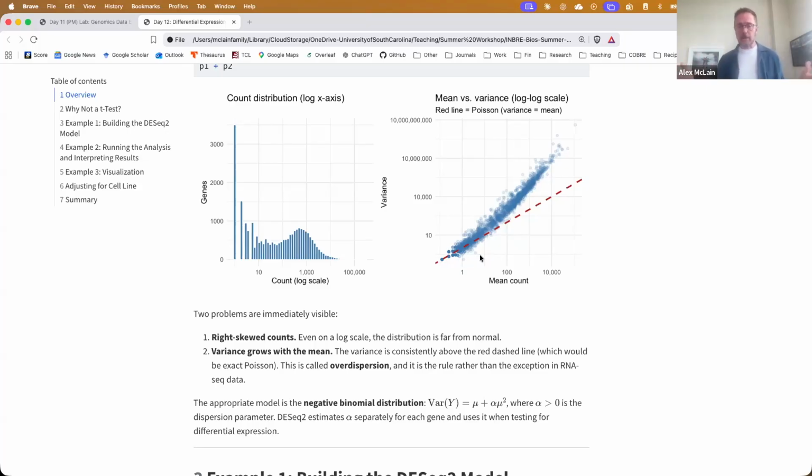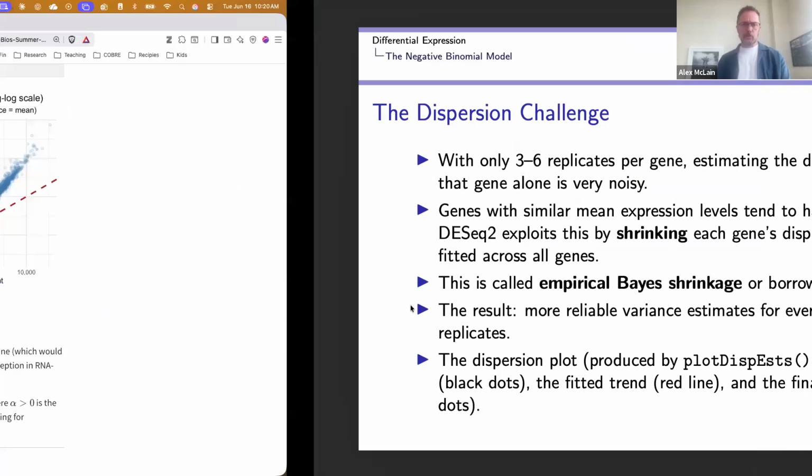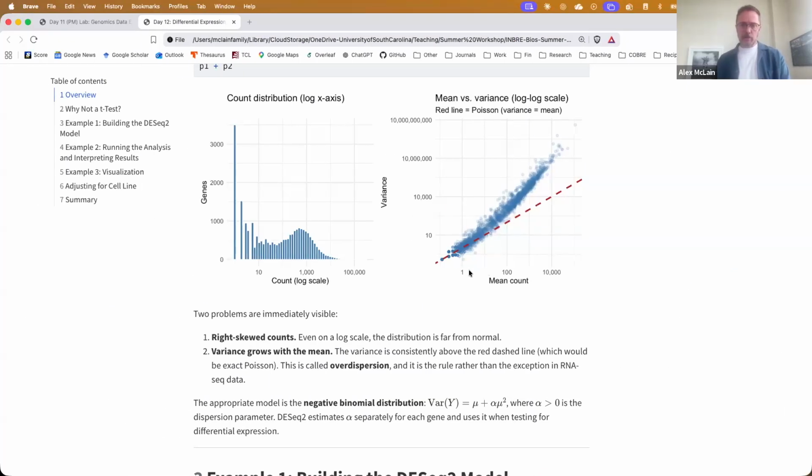Weird things happen when you do something 33,000 times. If you flip a coin 8 times and you repeat that 33,000 times, you're going to get some weird things. You're going to get some all heads, some all tails, things like that. So when we estimate the dispersion parameter for each gene separately, we're going to get some estimates that are wonky.